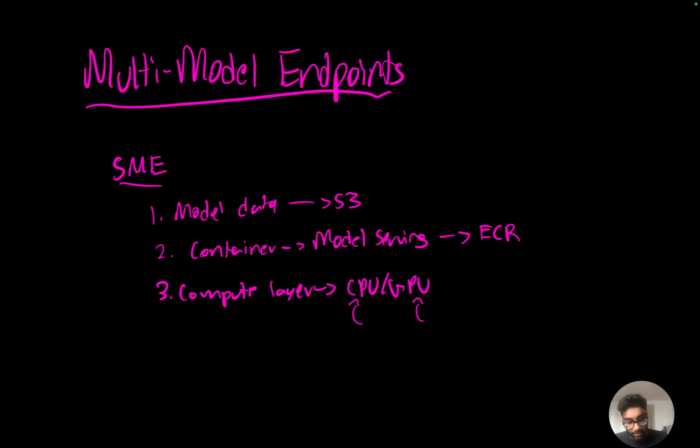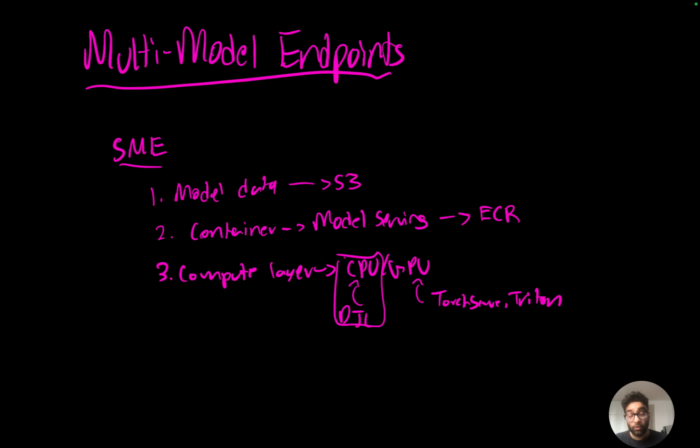The reason we will talk about GPU in another video is there's only a few specific containers that support the MME constructs at the moment, which are torch serve and Triton. But we'll get into this a little more later in another video in this series. But here we'll take our DJL serving container and we'll go over a CPU use case. This is all going to stay consistent in MME. So you can imagine these two are basically the same.